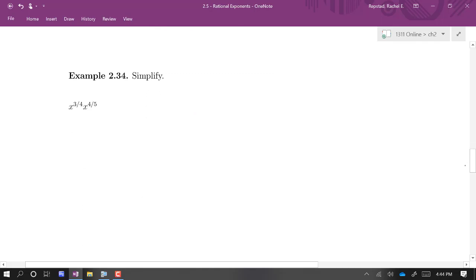Next we have x to the 3/4 times x to the 4/5. There's not a whole lot to do here. We're multiplying, which means we can add these exponents. So, just going to do that addition here.